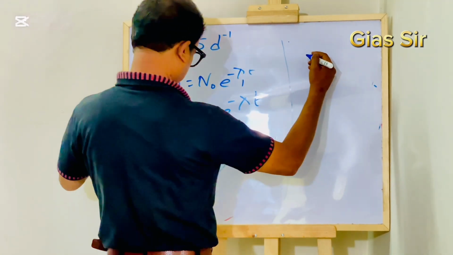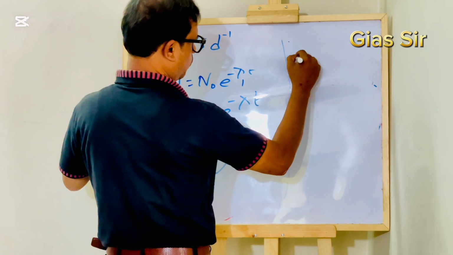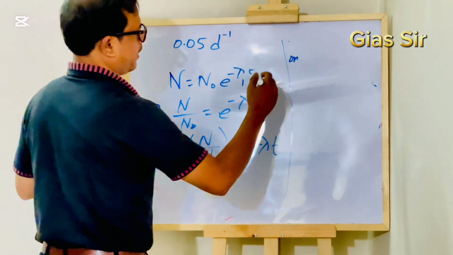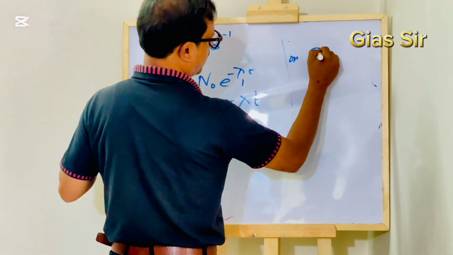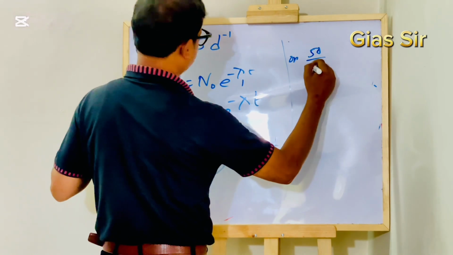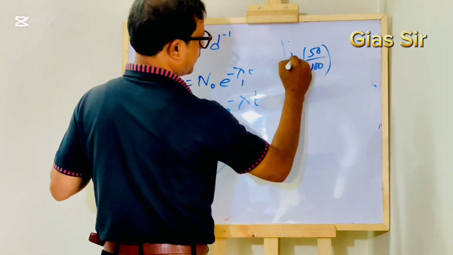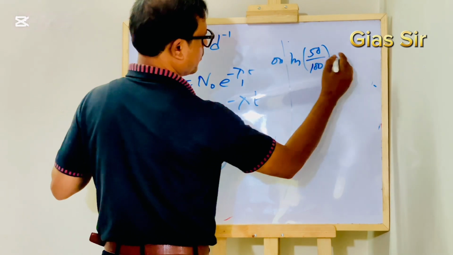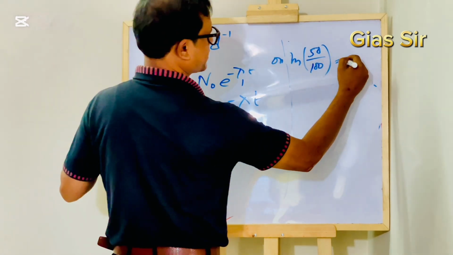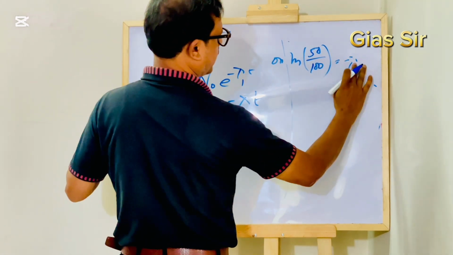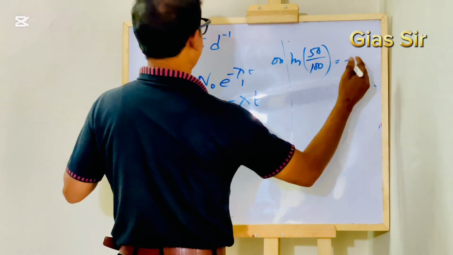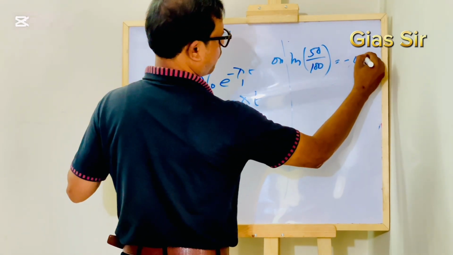Now, N is 50 and N naught was 100. Lambda has been given as 0.05.